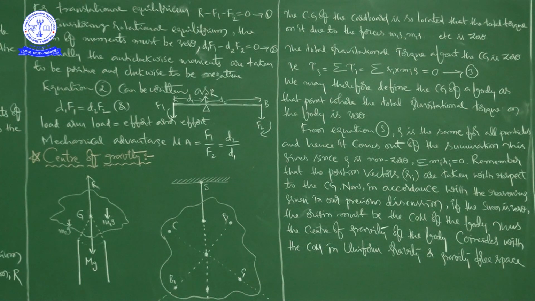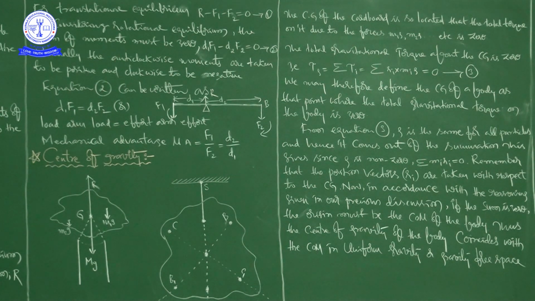When this does not happen, due to the unbalanced torque, it would tilt and fall. We have experienced this practically, when we try to keep the body in translational equilibrium, mechanical equilibrium, and finally rotational equilibrium.